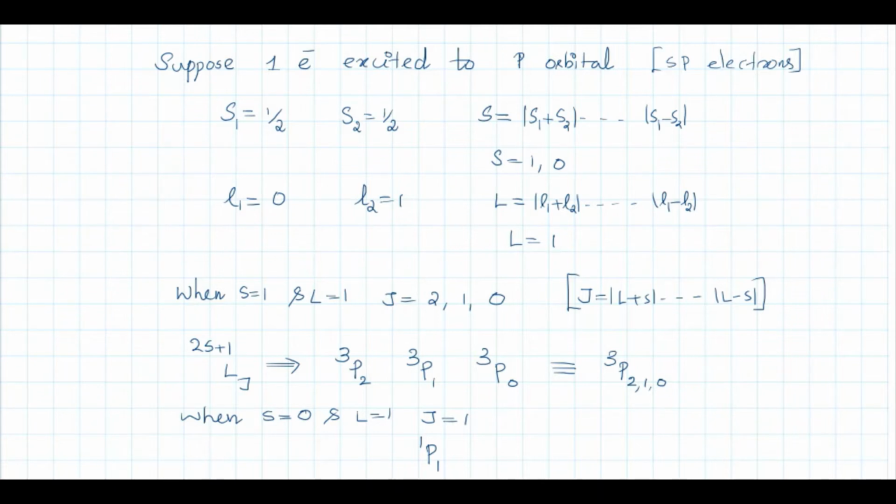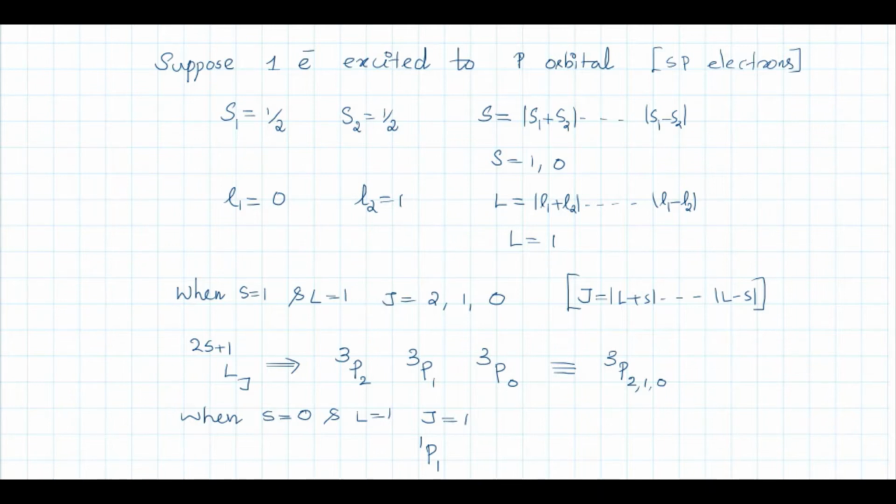Okay. What about L values? For s electron, L value is 0. For p electron, L value is 1. Therefore, total L value is from mod L1 plus L2 to mod L1 minus L2. That will be 1 plus 0 to 1 minus 0. It is simply 1.